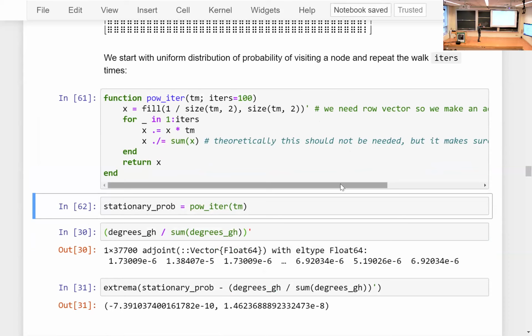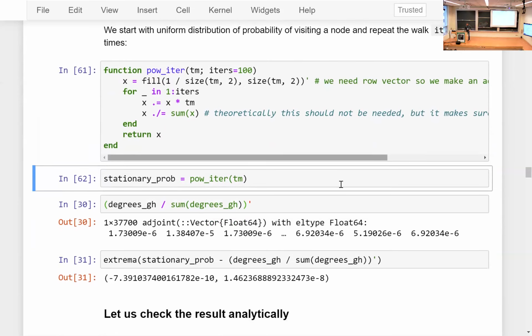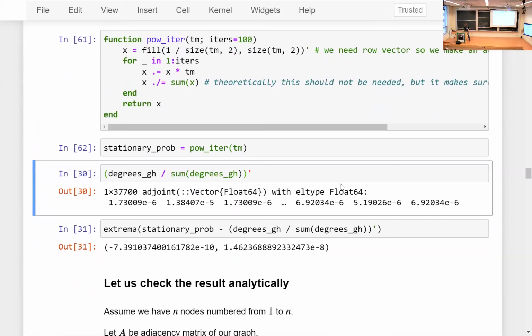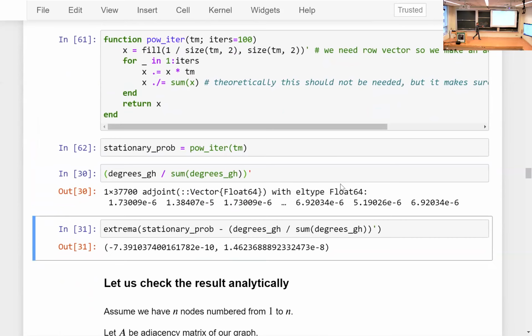And I can compare this stationary probability to just the degrees divided by the sum of degrees, because this would be the theoretical distribution we have hypothesized, and if we subtract them, we see that the difference is below numerical precision. So my numerical method also confirms it.